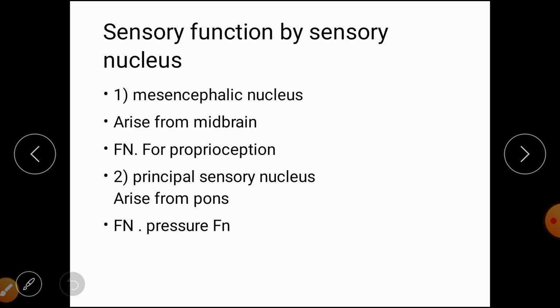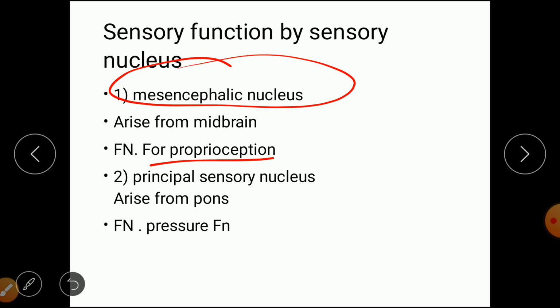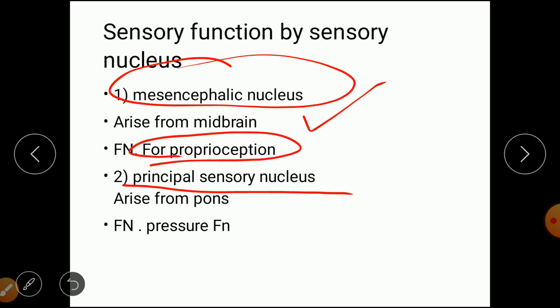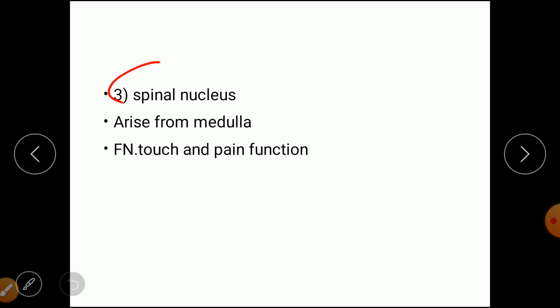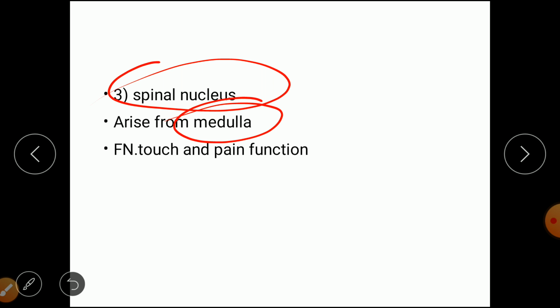First, the mesencephalic nucleus arises from the midbrain, and its function is proprioception. The second, the principal sensory nucleus, arises from the pons and its function is pressure sensation. The third, the spinal nucleus, arises from the medulla oblongata and its function is touch and pain.